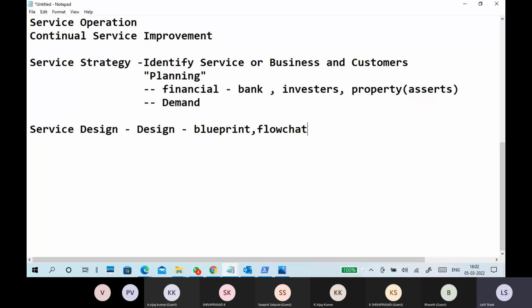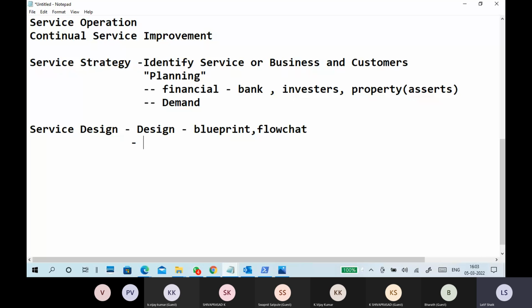Then only I will implement. So we have to design the service, either a new service or a repeated service. So we have to design a flowchart, pipeline, anything you want, you can use it.